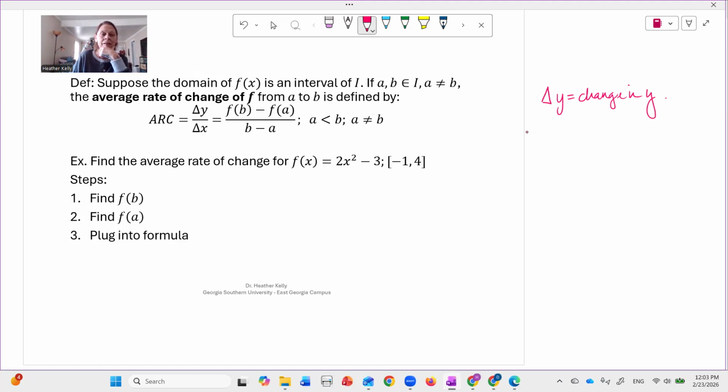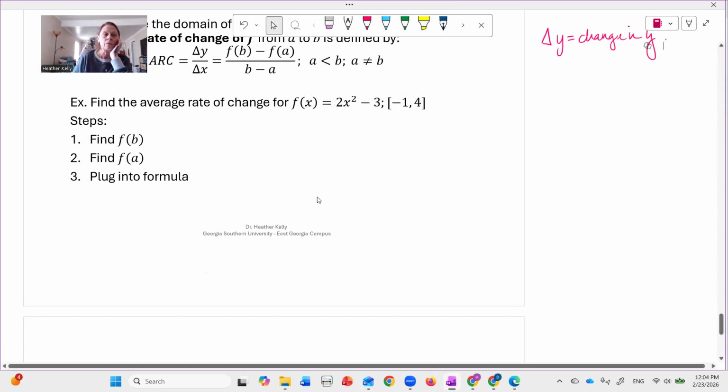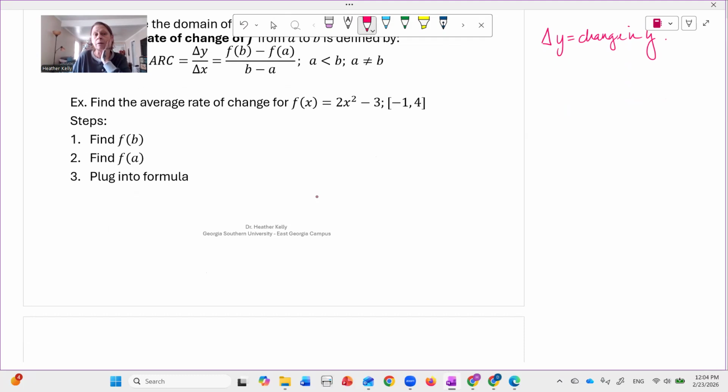You don't really need this stuff. That's just me showing you what I mean. a has to be smaller than b and a is not equal to b. Okay. Now, what are the steps to find the average rate of change? Well, first we find f of b, then we find f of a, then we plug it into the formula. Okay. And this is the point a, b.